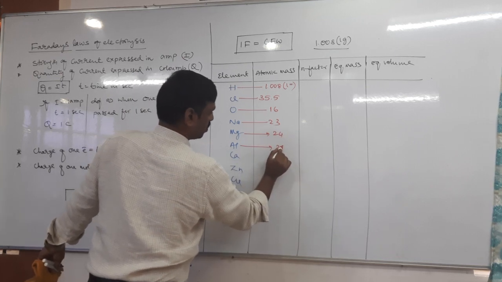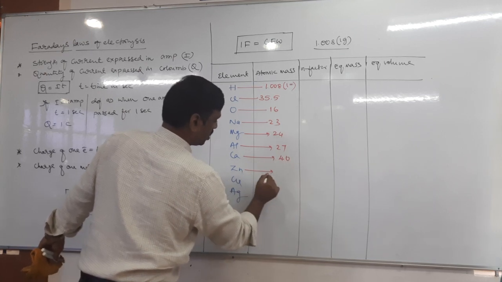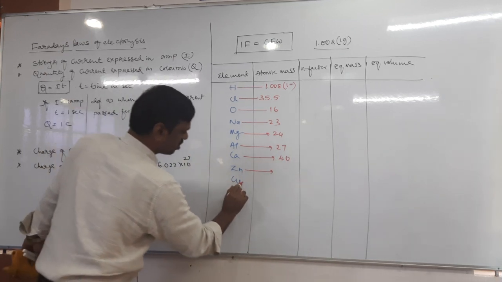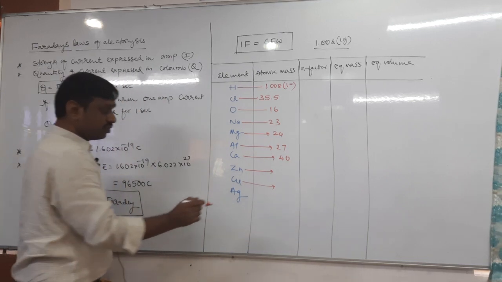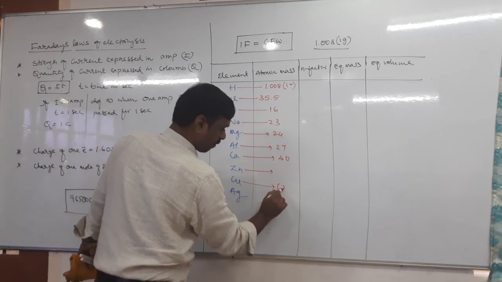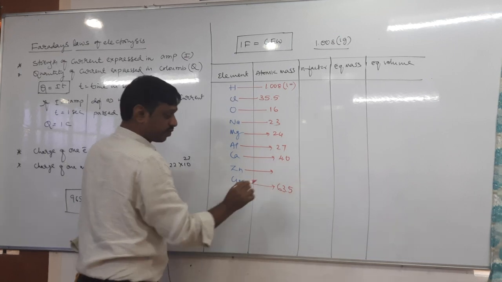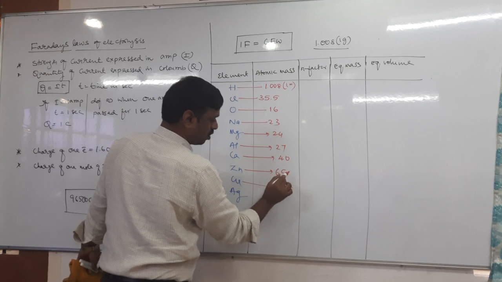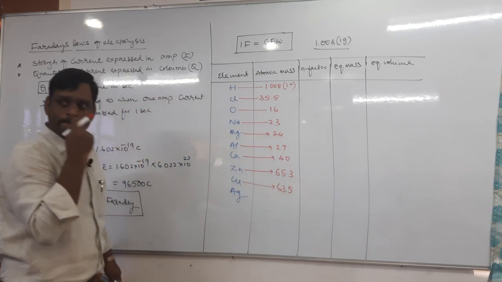Aluminium 27. Calcium 40. Zinc, copper, do you remember? Copper 63.5, and zinc, you can take 65.